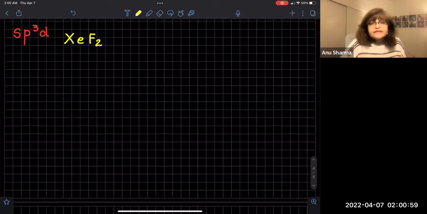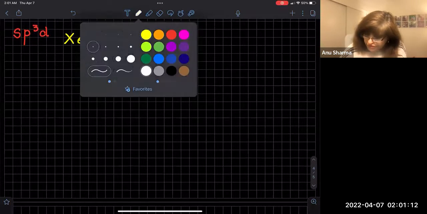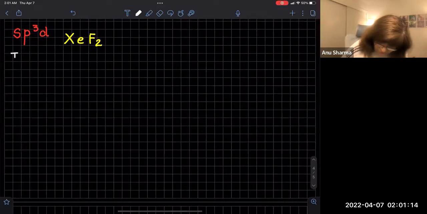Okay, let's look at this example of making the hybridized structure of xenon difluoride. This is an example of sp3 hybridization. As usual, we first count the total number of valence electrons.